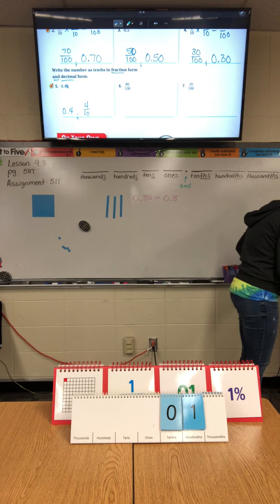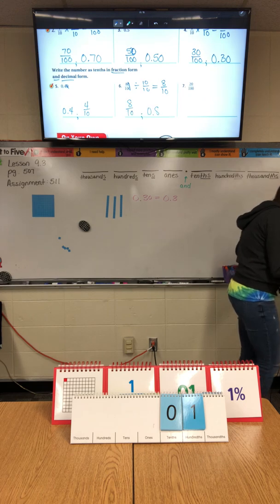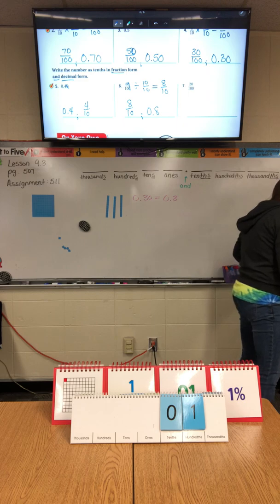When you have a fraction form, you're going to take the 0 off the top and bottom, which is the same thing as dividing the top and bottom by 10. That gives us 8/10. And then again, we get rid of the top and bottom 0, and that gives us 2/10.